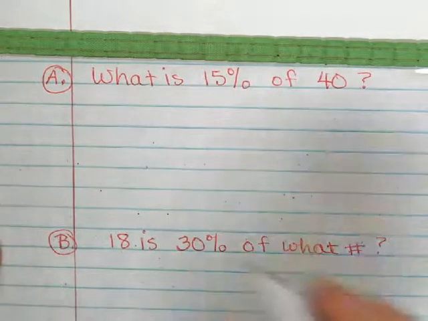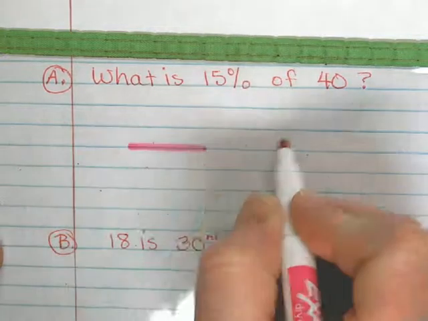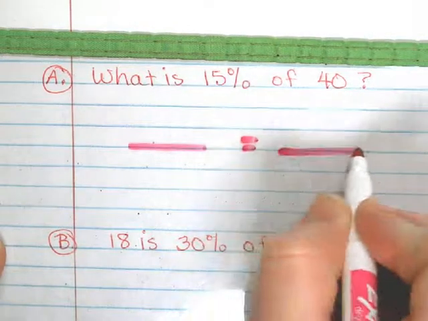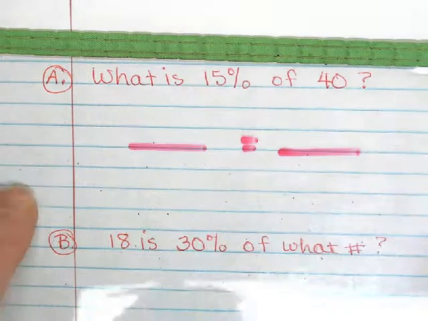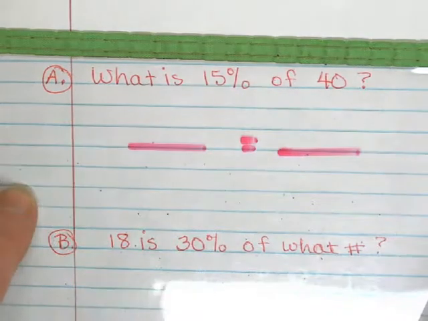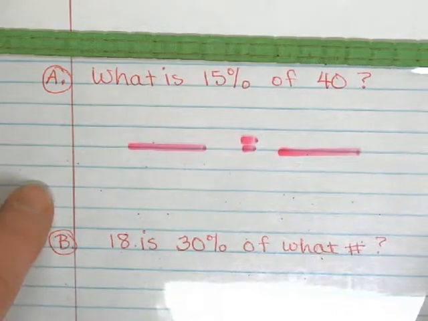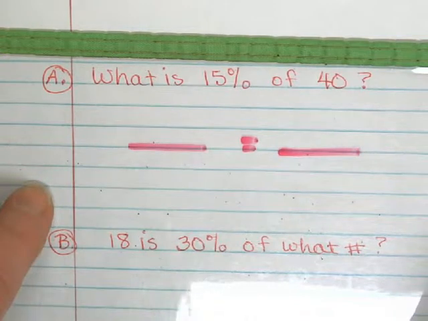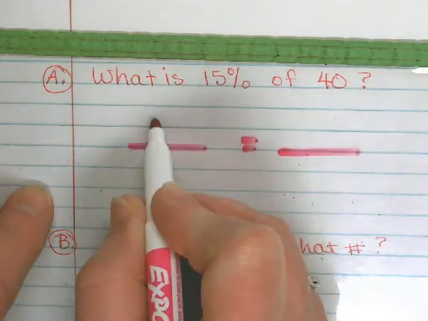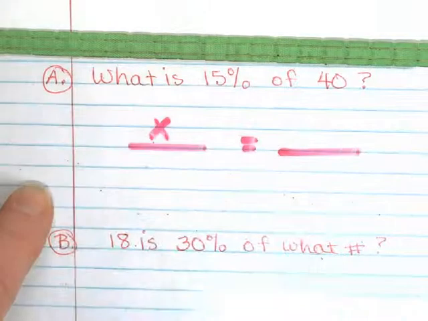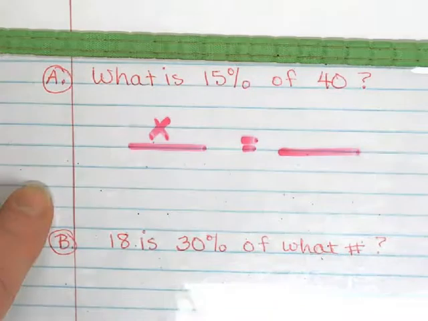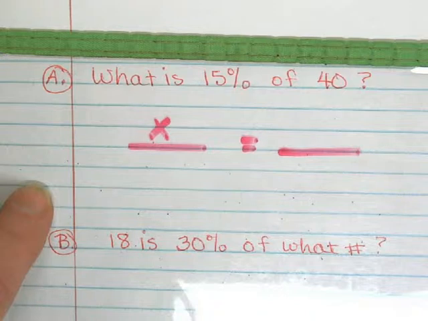All right, we're going to give us another 2 fraction bars and the equal sign in between. What is? Sounds like a question to me, doesn't it? We don't know what the is. We're going to put an X there because we don't know the is.